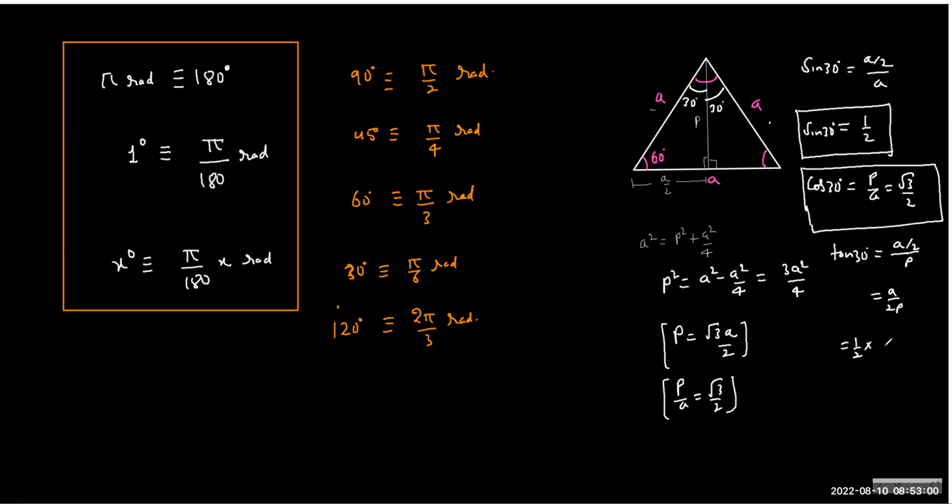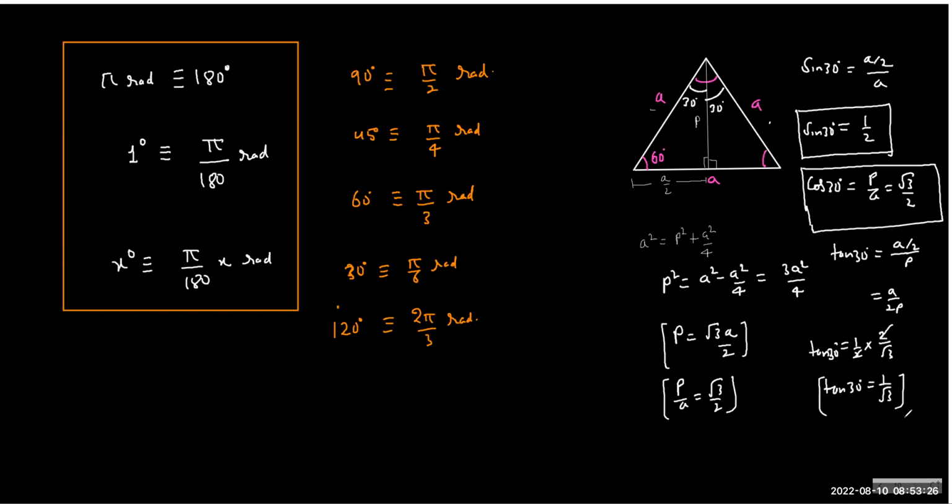Sorry, A by P is inverse, 2 by root 3. So tan of angle 30 turns out to be 1 by root 3. Do you realize this? See, we are not trying to mug up the answer. We are trying to derive from the definition how the ratio leads to the various answers.